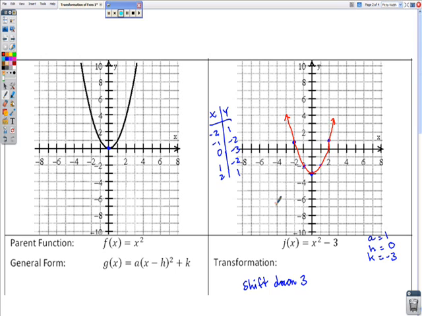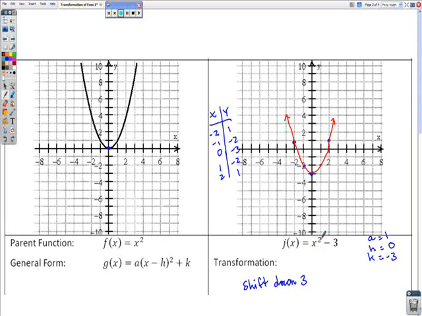Now, with a little practice, and I have to practice this a lot before I teach it, I get a general sense for what a quadratic function is going to look like. We know that it's going to have a parabola shape. One of the things I do is, I take x and I square it.